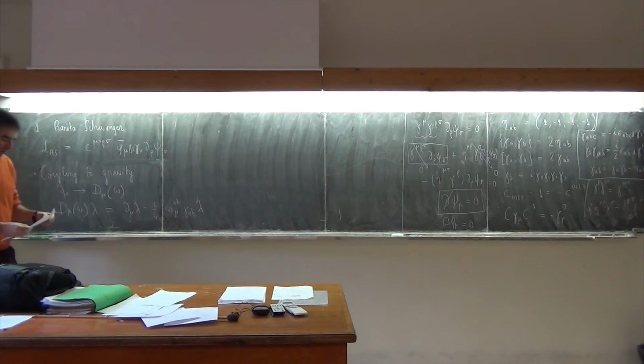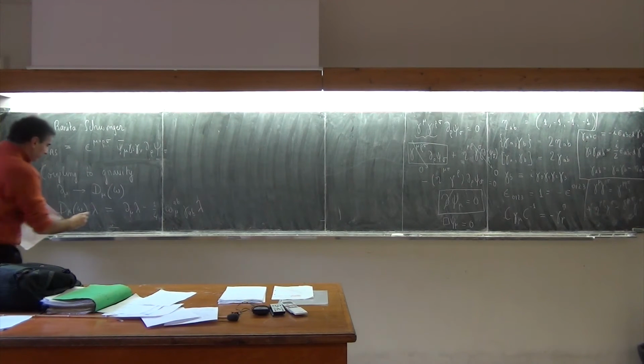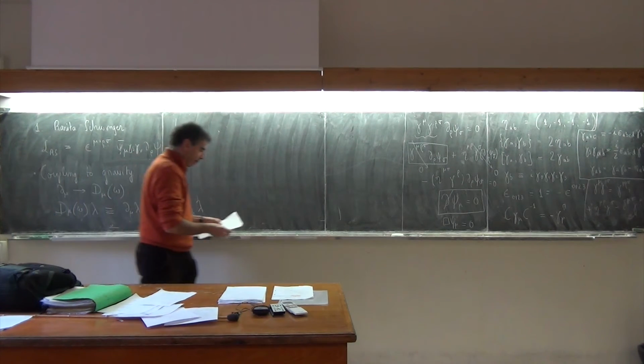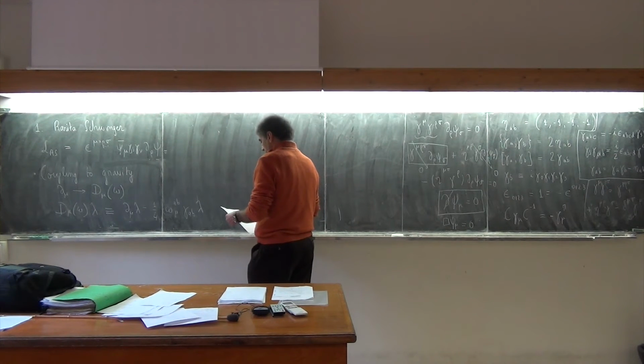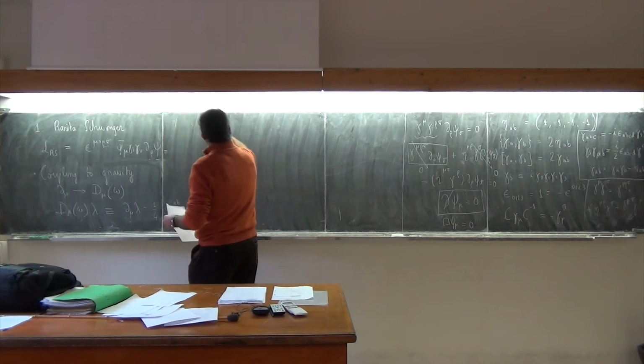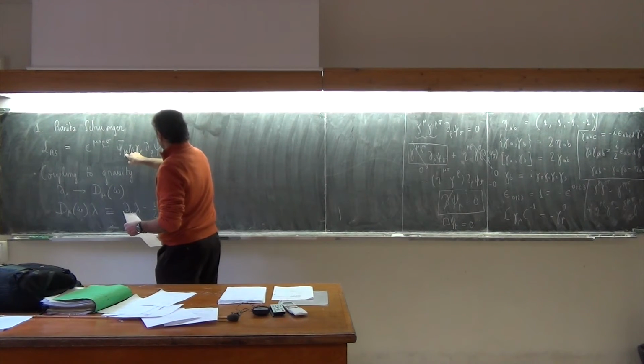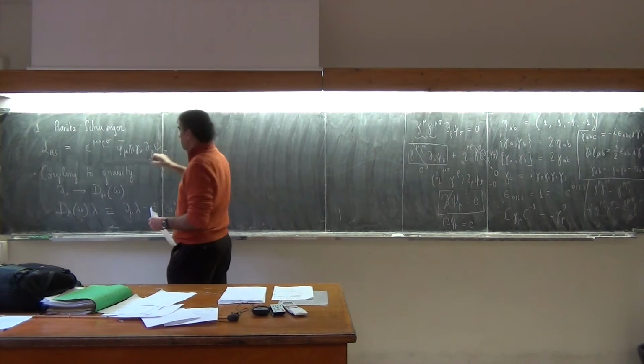So my conventions are a factor minus 1/4. And the gamma mu here is a curved index for the gamma.